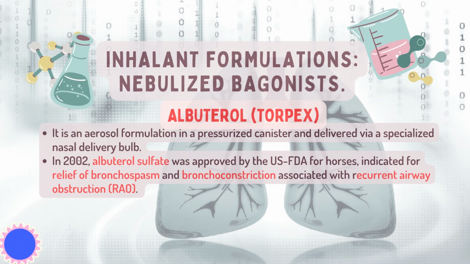Albuterol, or Proventil, is an aerosol formulation in a pressurized canister and delivered via a specialized nasal delivery valve. In 2002, albuterol sulfate was approved by the US FDA for horses, indicated for relief of bronchospasm and bronchoconstriction associated with recurrent airway obstruction.